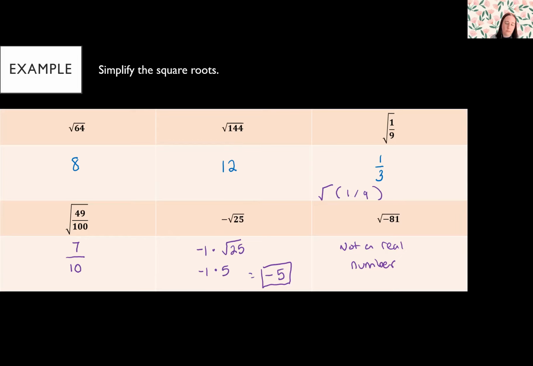So would this be an example of undefined then? No. Undefined is different from not a real number. Undefined is used when we're dividing by 0. It means that we do not have a definition for this operation. When we divide by 0, dividing is defined as multiplying by the reciprocal. So dividing by 0 is multiplying by 1/0, and there is nothing that can do that. It kind of violates our definitions here.